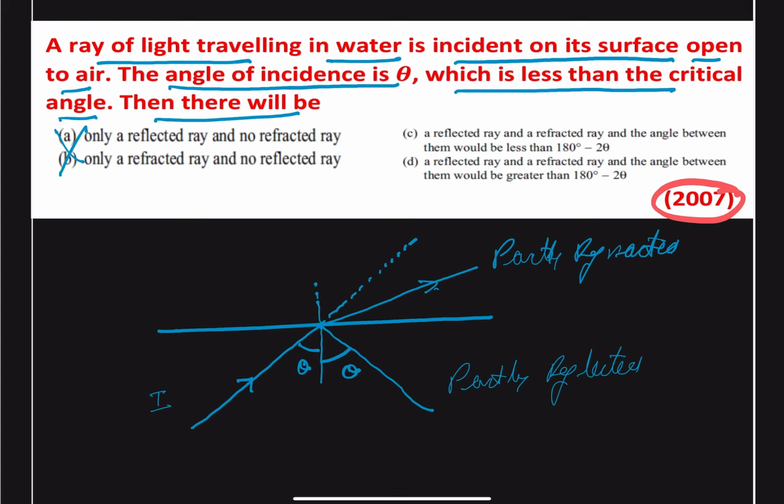Now we know the reflected ray and refracted ray, and we have to find out the angle. Based on the angle, we can make a choice of the correct option.